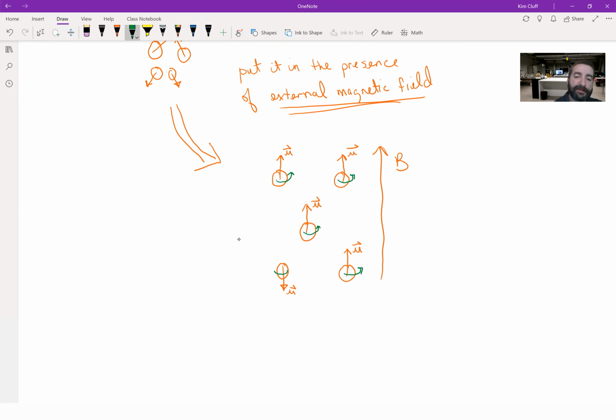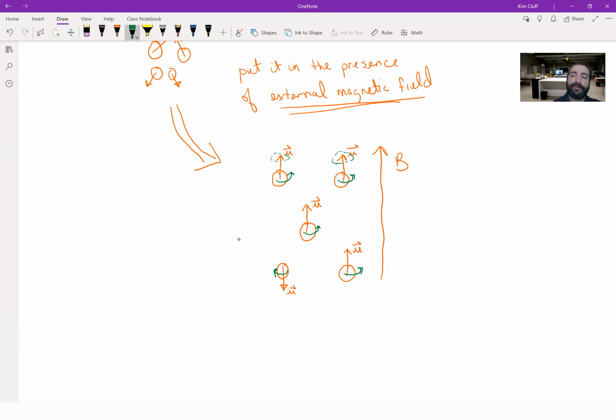Since this one's upside down, it's spinning the other direction. And because it's spinning, it causes this hydrogen atom to kind of wobble. It wobbles around the axis of the moment. Each of them will kind of wobble around.